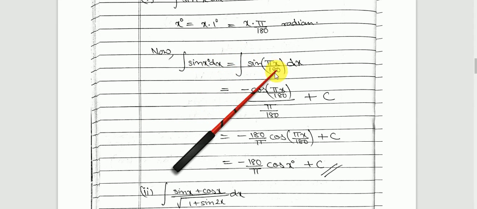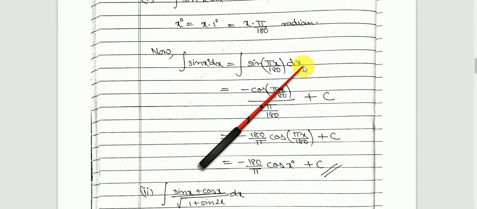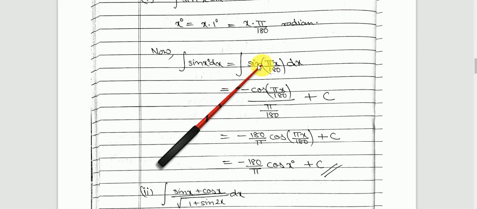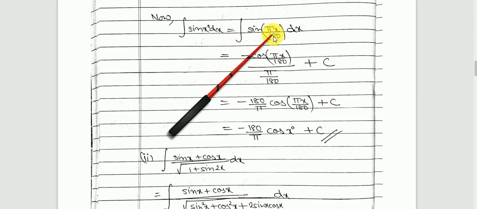So the integration of sine x degree with respect to x will be written as the integral of sine of pi x upon 180 dx. Here pi upon 180 is nothing but a constant, and then into x. And you know the integration of sine mx.